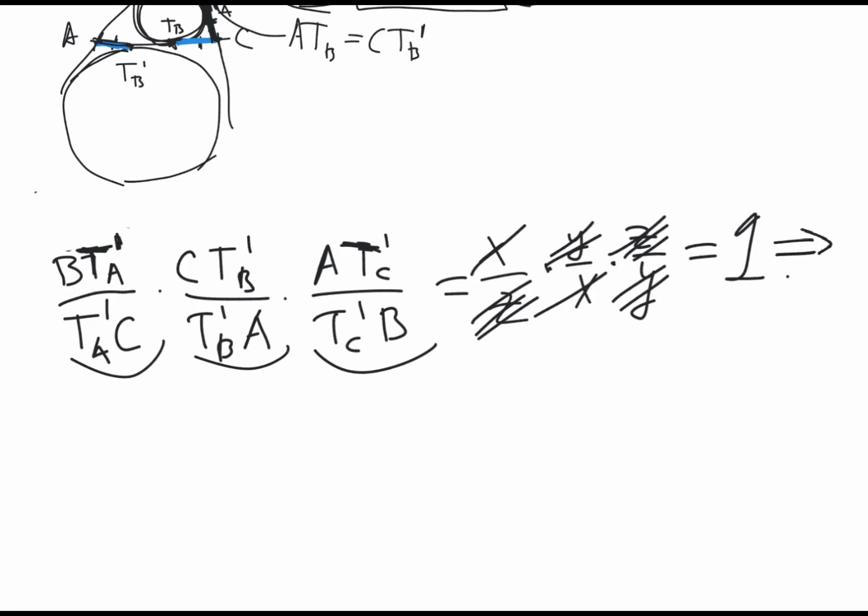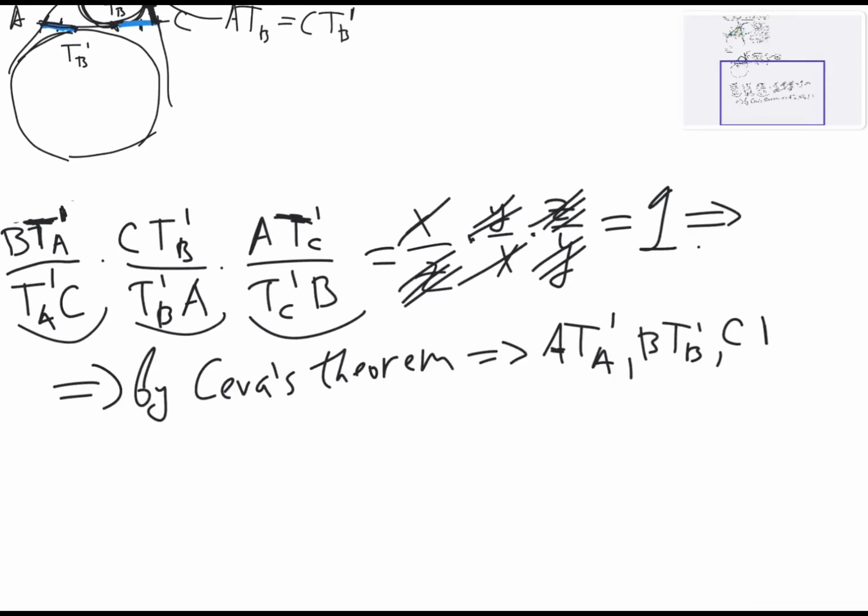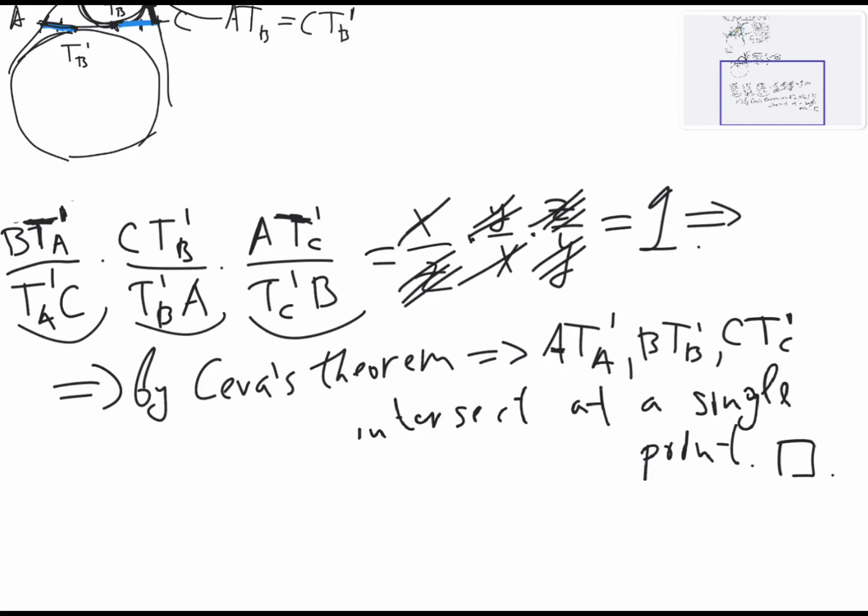So this implies that ATA prime, BTB prime, and CTC prime intersect at a single point. And this concludes the proof. That's it for this video.